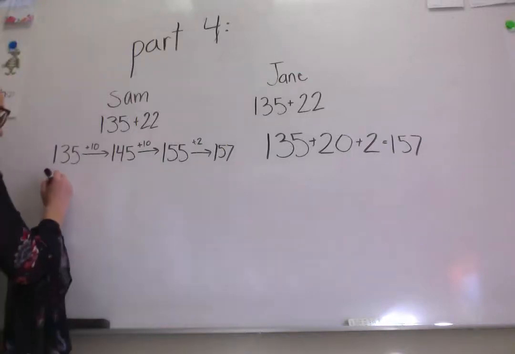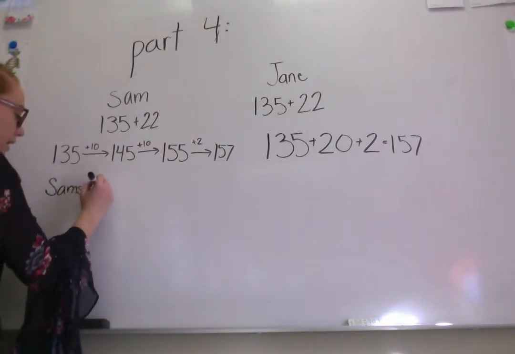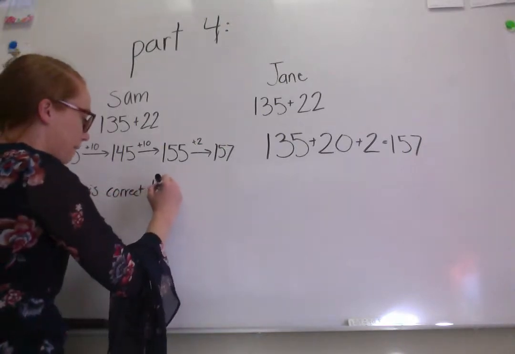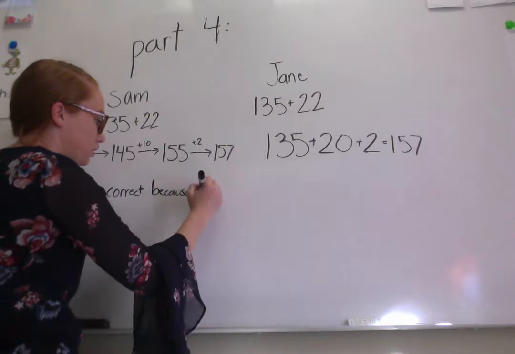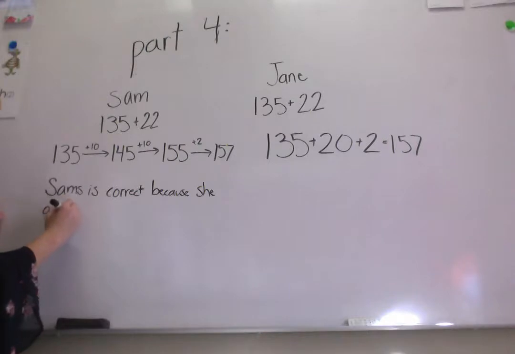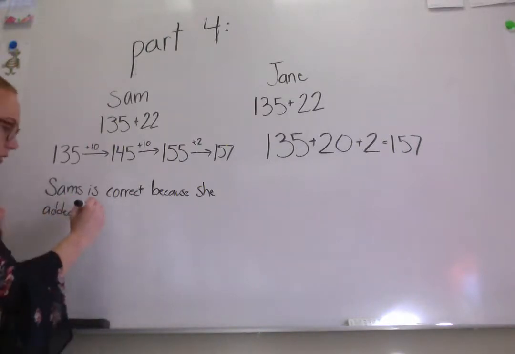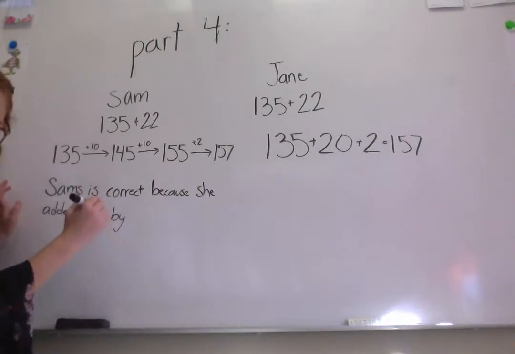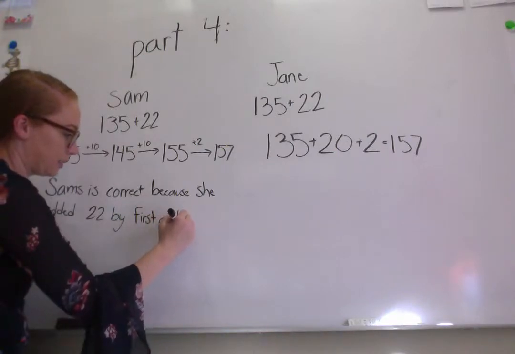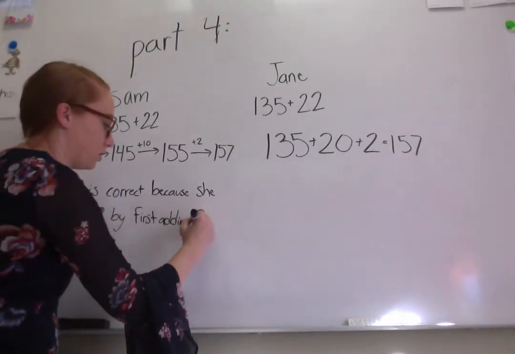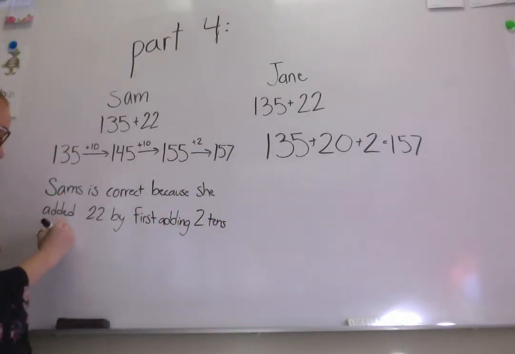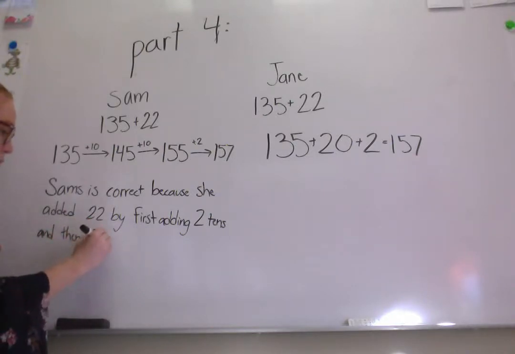So, Sam is correct because he added 22 by first adding 2 tens and then 2 ones.